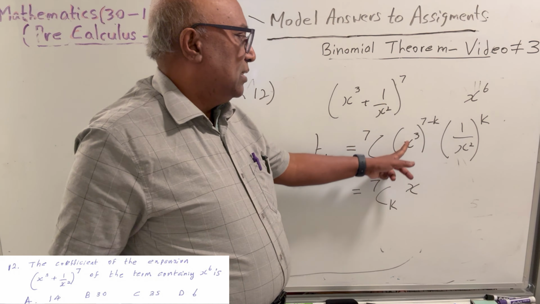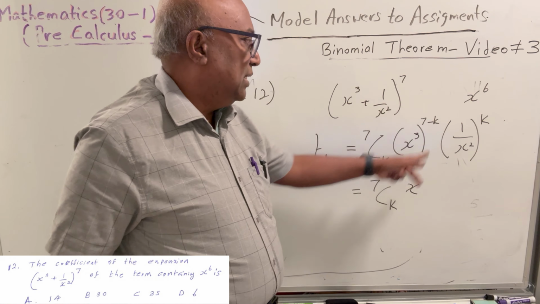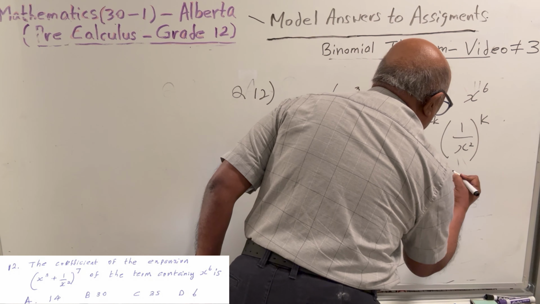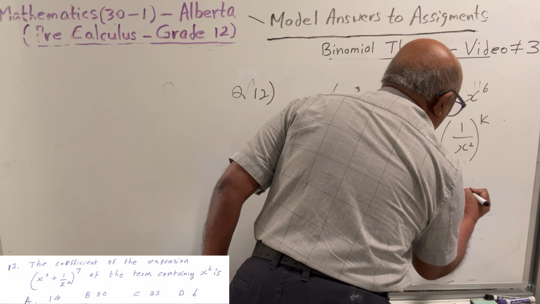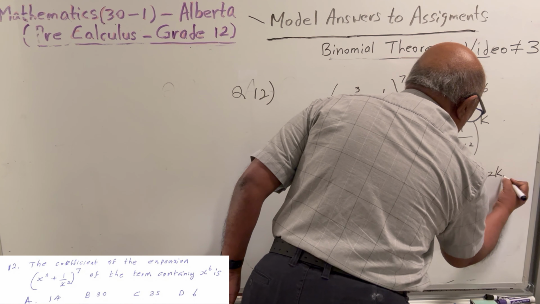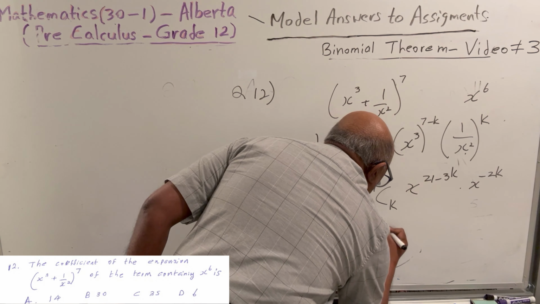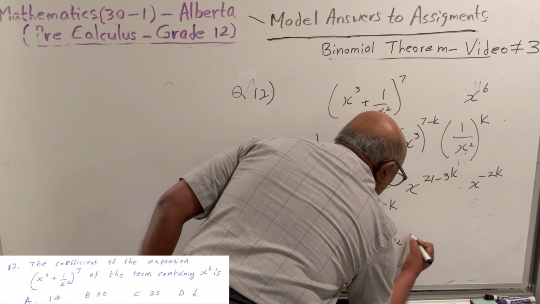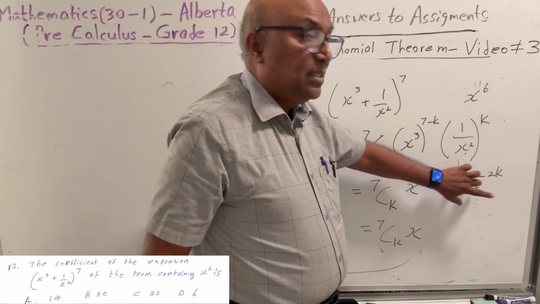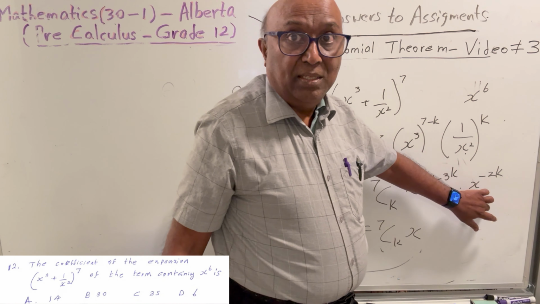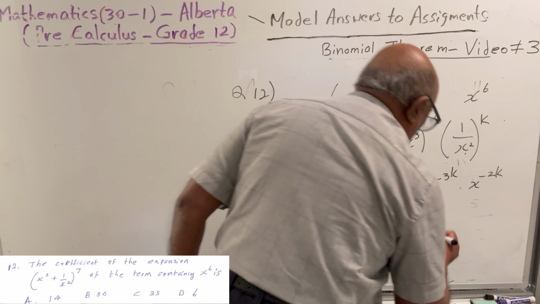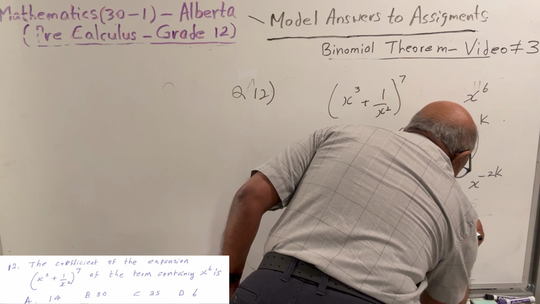In this component, the power of x is 3 times (7 minus k), that is 21 minus 3k. Here the power of x should be x to the power minus 2k. That means 7Ck x to the power of... Now in these two products, bases are the same. If bases are the same, you can add the exponents. That means 21 minus 3k.